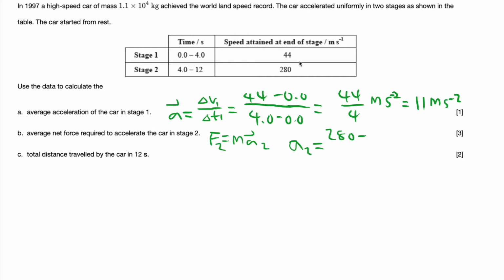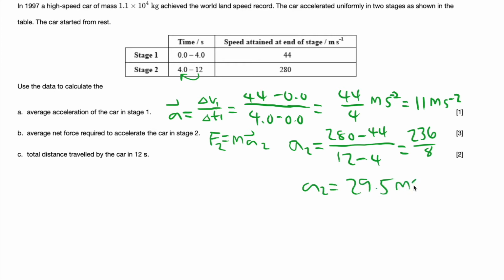So notice that the beginning of stage 2 is the end of stage 1. So the initial velocity for stage 2 is going to be equal to 44. And change in time is going to be equal to 12 minus 4. So this is equal to 236 over 8, which gives you a number of 29.5 meters per second squared.